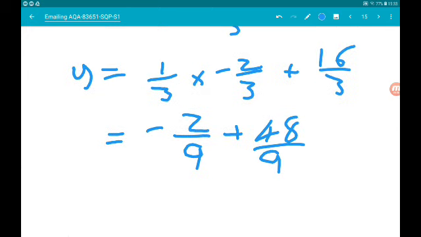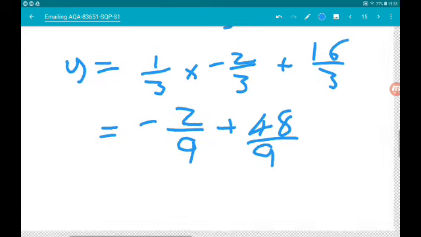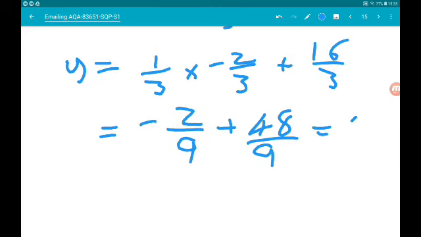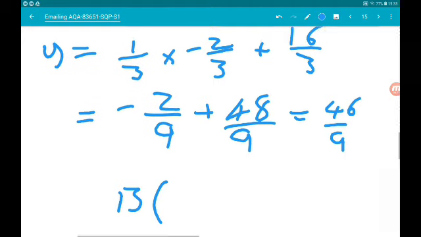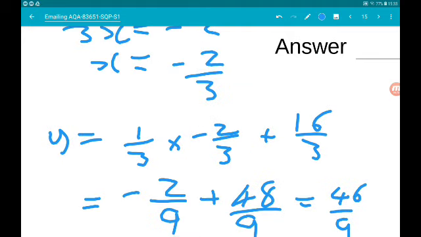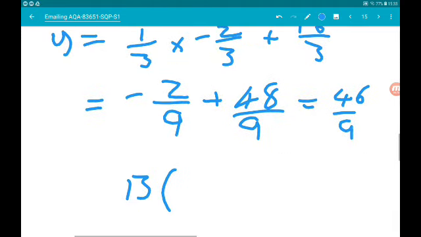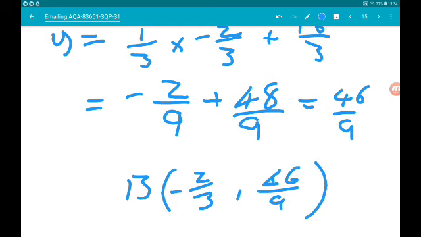So 48 ninths minus 2 ninths is 46 ninths. So B has coordinates minus 2/3, 46 ninths. Lovely.